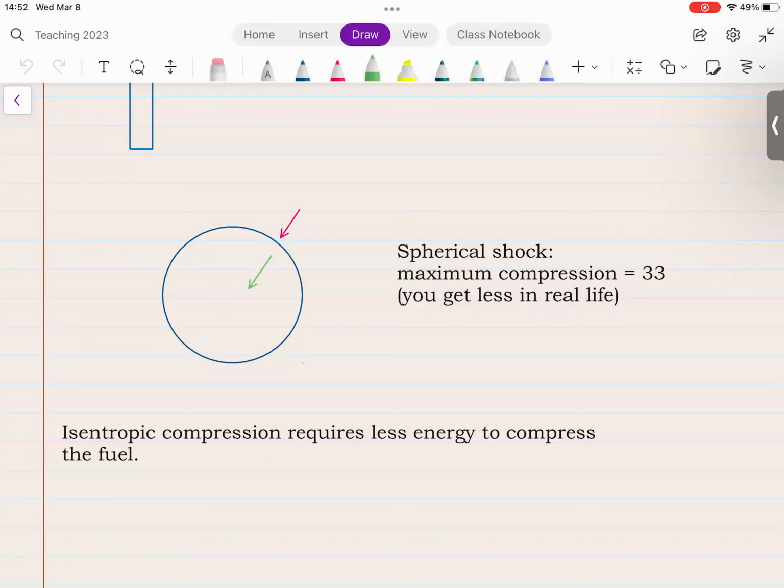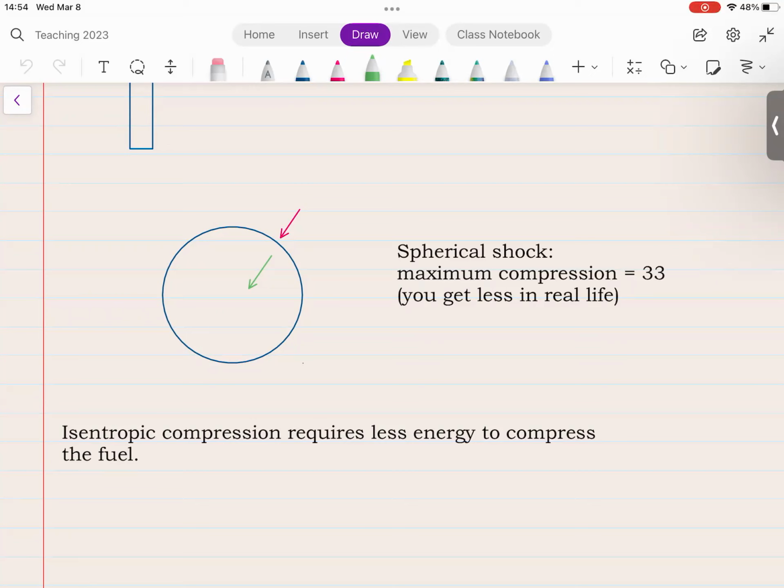So the approach that is used in ICF is to try to have a sequence of shocks that are going to be much closer than a single shock to an actual isentropic compression.